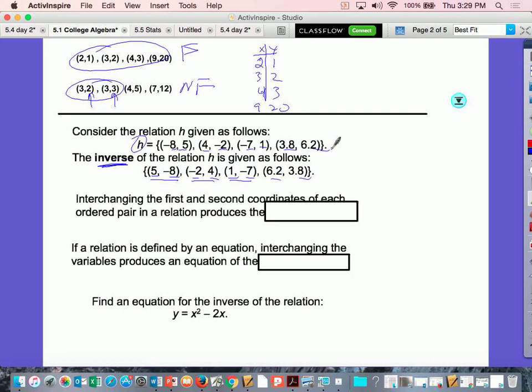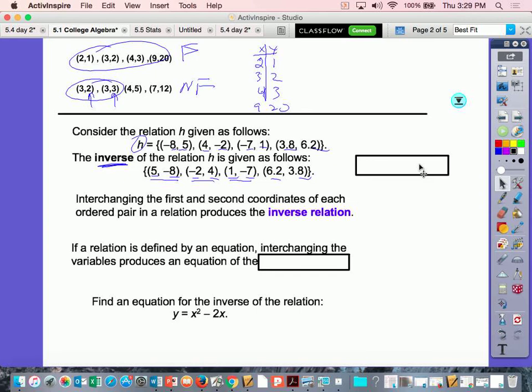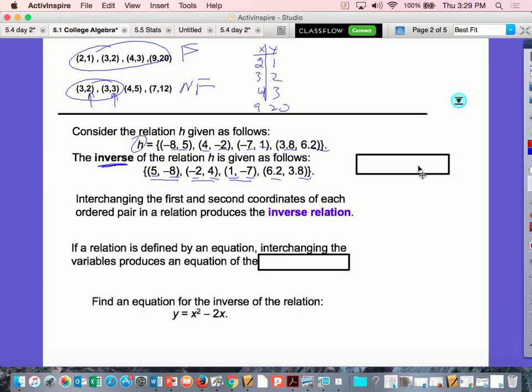Interchanging the first and second coordinates of each pair in a relation produces the inverse relation. If a relation is defined by an equation, interchanging the variables produces an equation of the inverse relation.